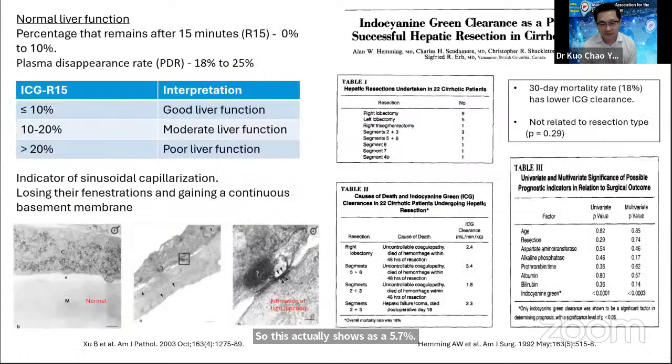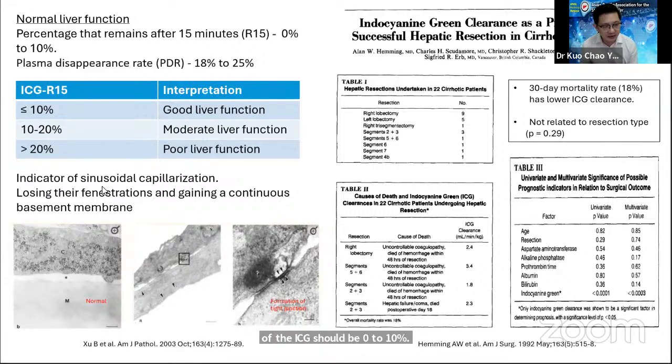Just for learning, I did a further study on this ICG clearance. It shows that for normal liver function, the percentage of ICG remaining 15 minutes after application should be 0 to 10%.